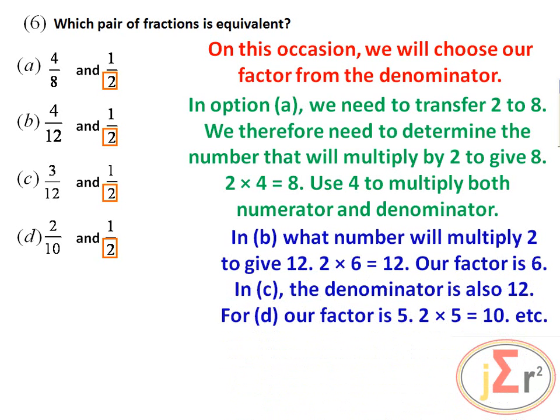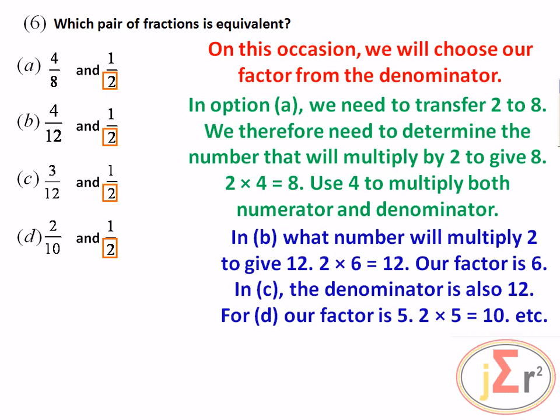Jerry said that it is 6. 2 times 6 will give 12. Our factor is 6. In C, the denominator is also 12, so we'll do the same thing. For D, our factor is 5. So 2 times 5 will give us 10.